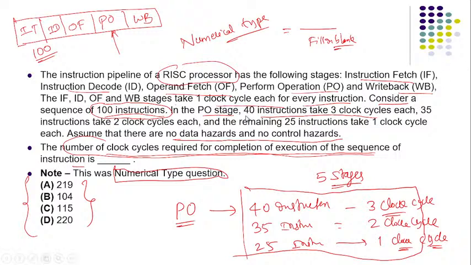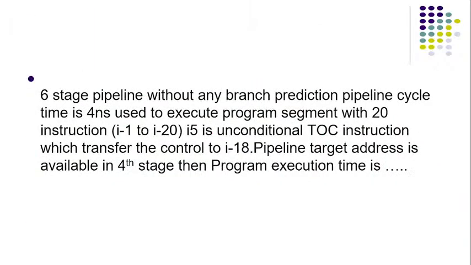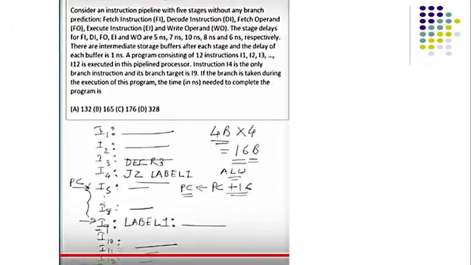Here 40 instructions in the PO stage are taking 2 extra clock cycles, and 35 instructions are taking 2 extra, meaning one was required anyway but it takes one more. One cycle is fixed, but it is taking 2 extra cycles here, so that is 3 clock cycles. Such types of questions you will get in the examination.